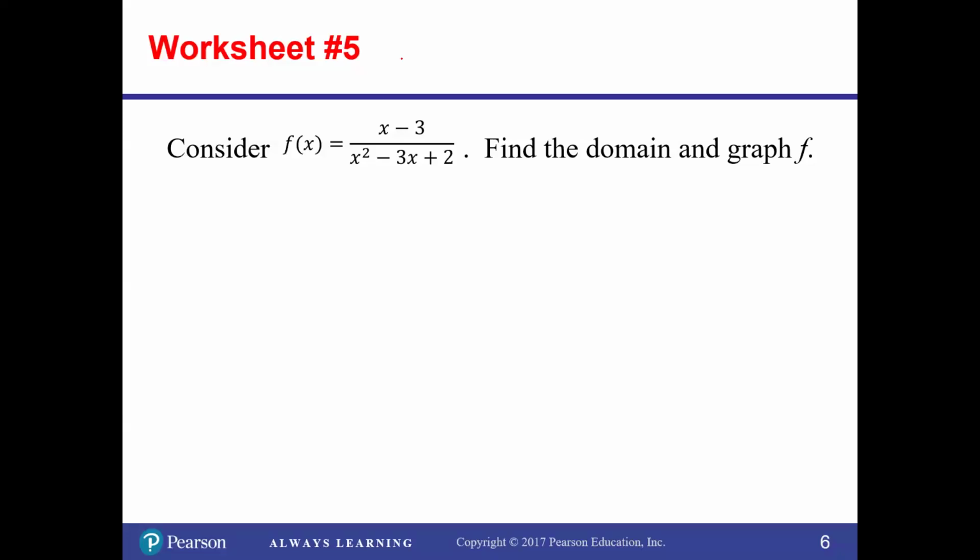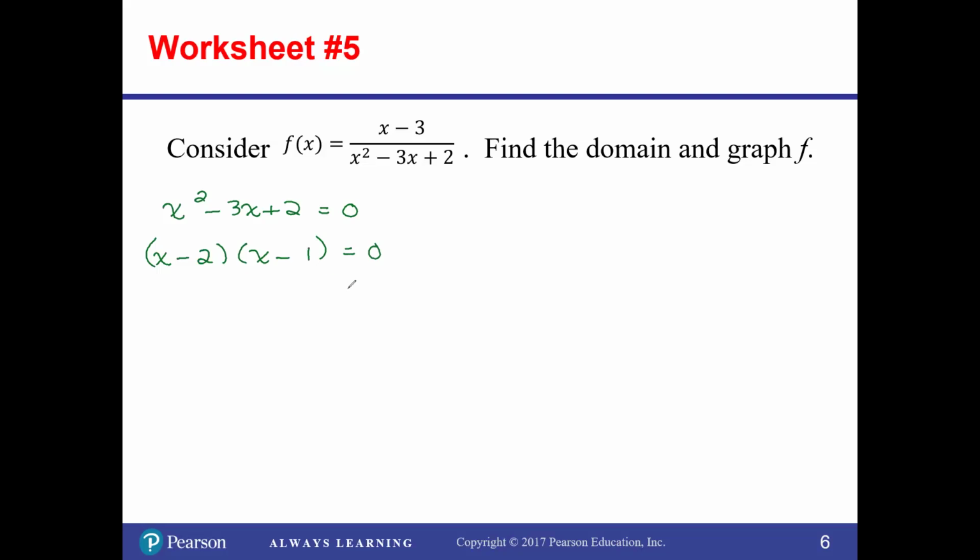All righty. So for this one, like I said, just look at where that denominator is equal to 0. What we see is that this will need to be factored because we have a quadratic. So I need two numbers that multiply to give me +2, but add to give me -3.